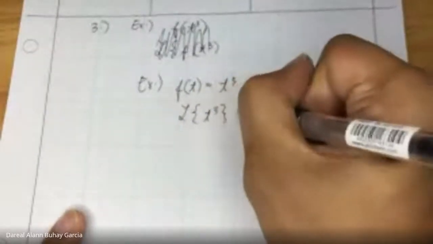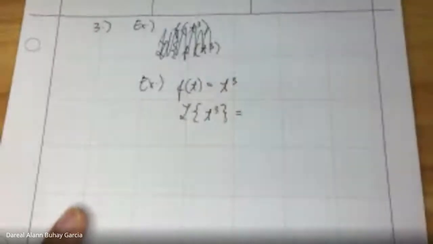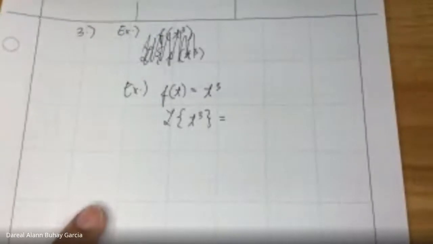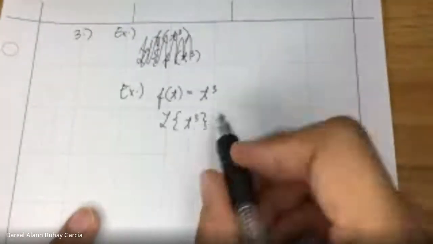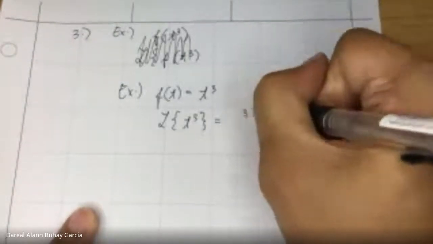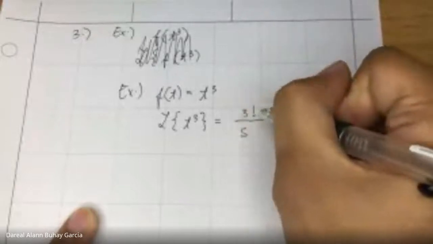Then the Laplace of t cube as per the lookup table is t to the power of n is n factorial. So n is 3. Therefore, 3 factorial over s to the power of n plus 1.